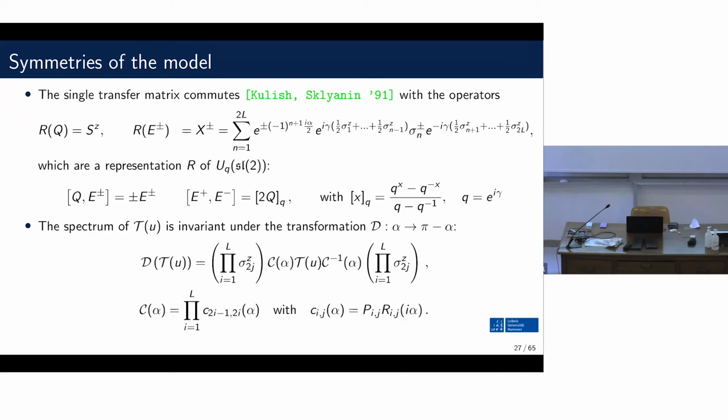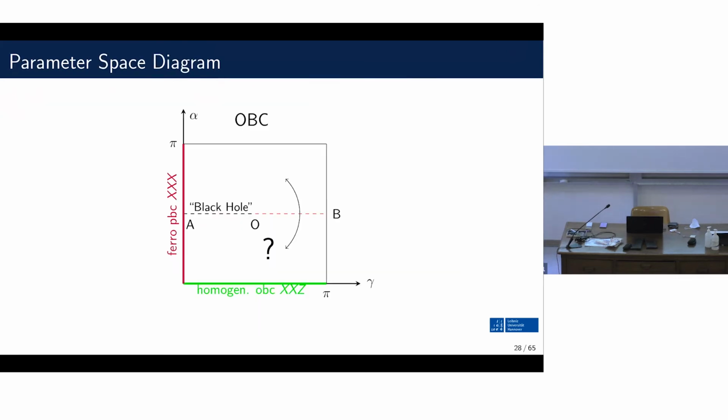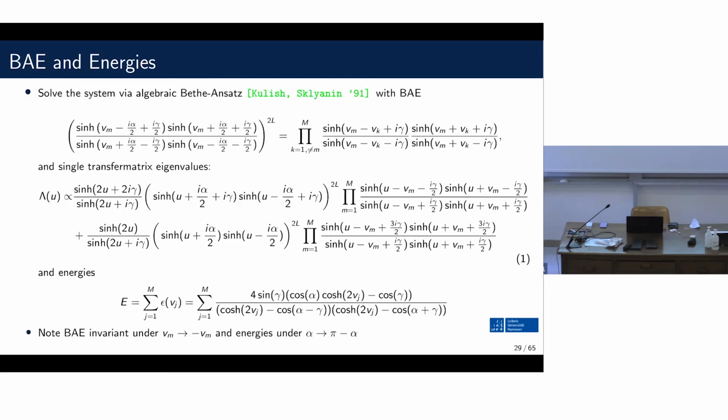When we send this to pi minus alpha, the transformed transfer matrix becomes similar to itself, so its spectrum stays the same. With this transformation, we can basically swap around this phase diagram, and hence we only have to study one side of the phase diagram, since we get the other one by the duality transformation.